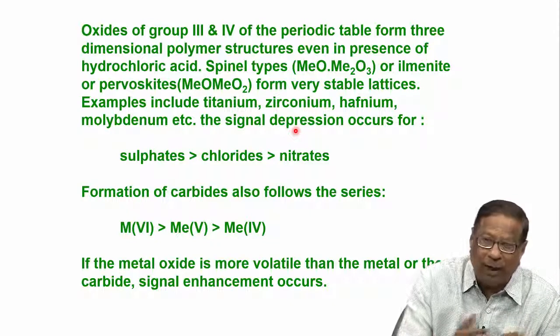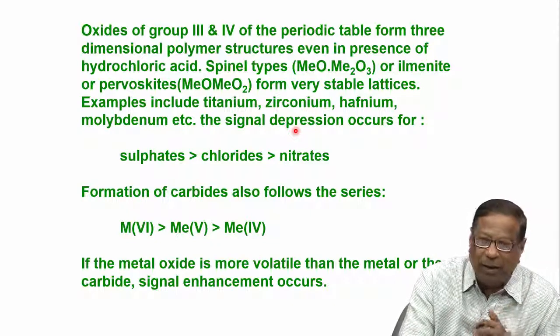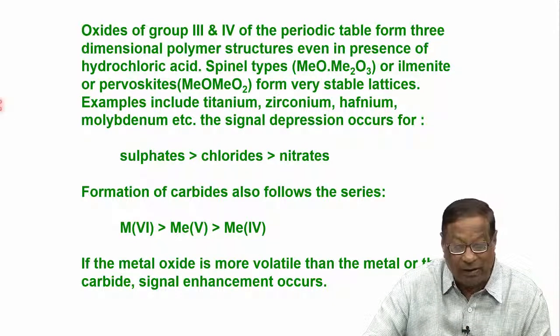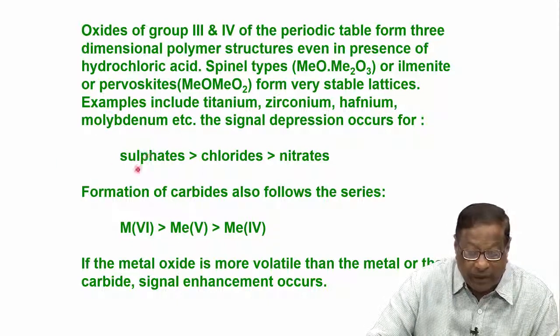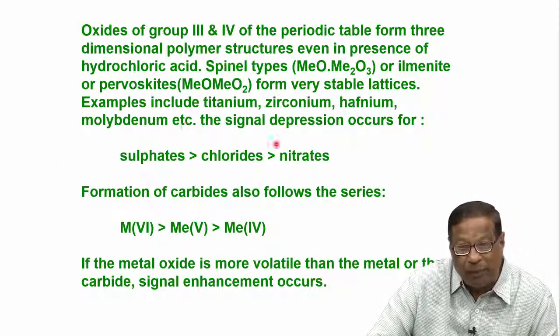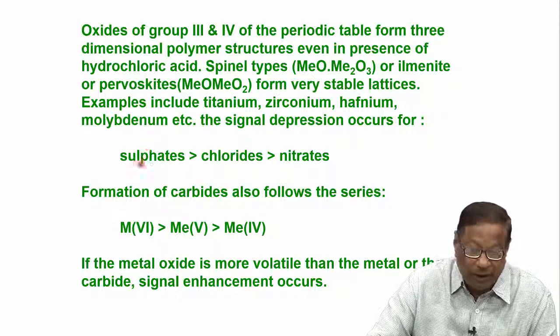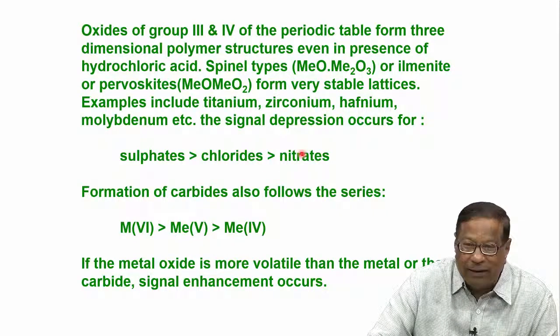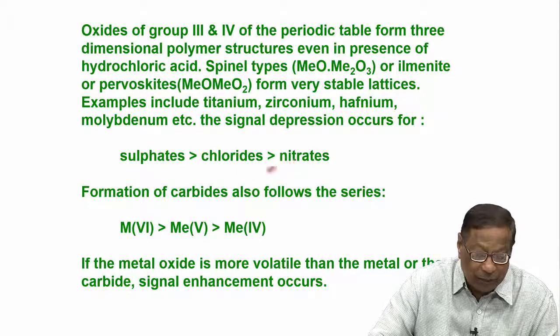I have not put all the elements here, but I may ask you questions in the examination. So, sulfates, the signal depression is maximum when sulfate is there, and then that is slightly more than chlorides, and if it is nitrate the signal depression will not be so much.